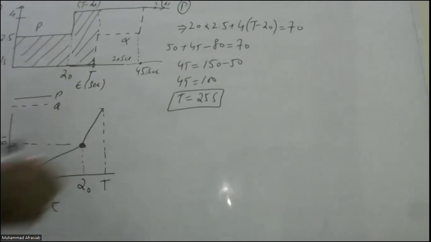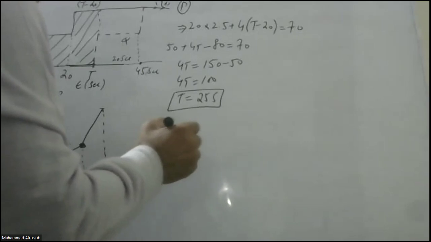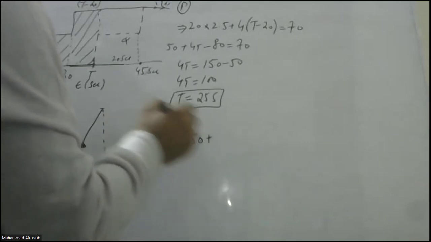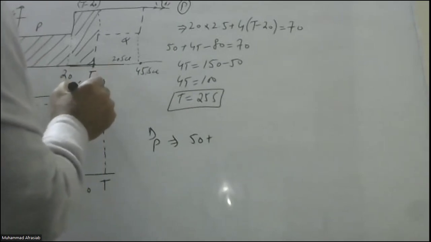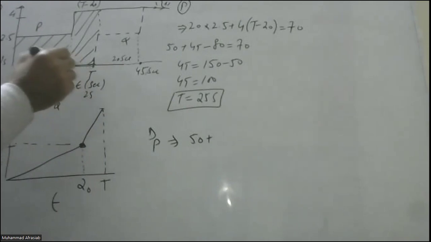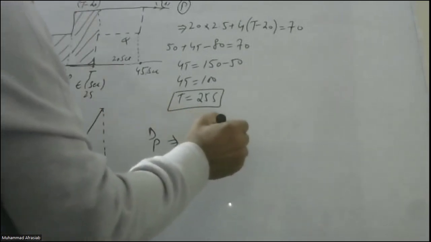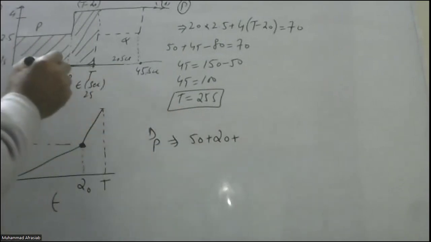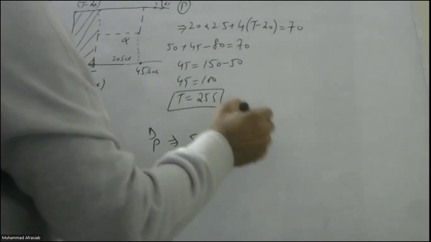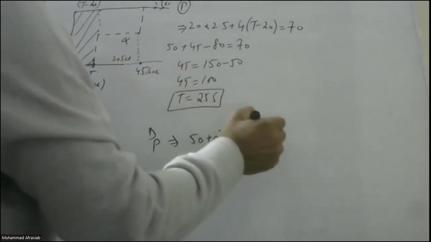First, the distance traveled by P is equal to 50 plus, this difference is 5, into 4, that is 20, plus 4, the speed, into 45 minus 25, which is 20.